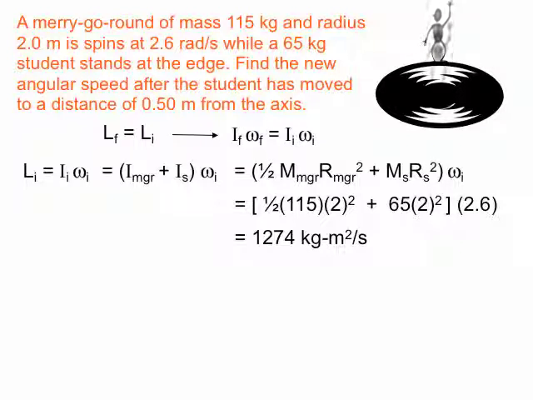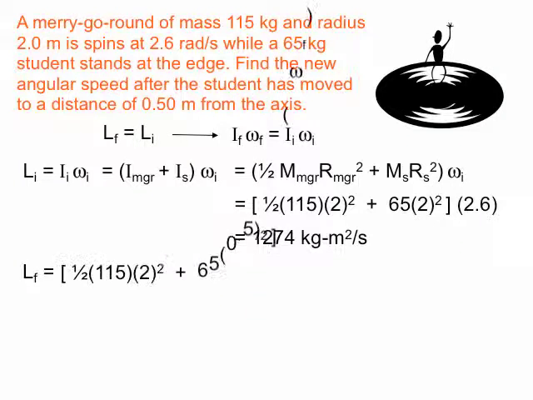Okay, we're flipping around. Now to find the final, we don't have the final angular velocity, but we do have what our change is going to be. The radius is 2 meters, so we still have 1/2 mr squared for the merry-go-round, but now the person is at 0.5 meters.